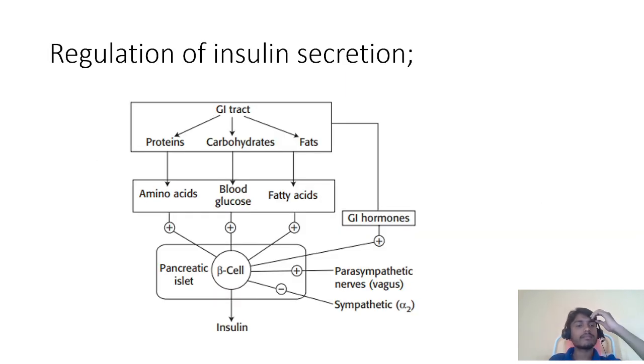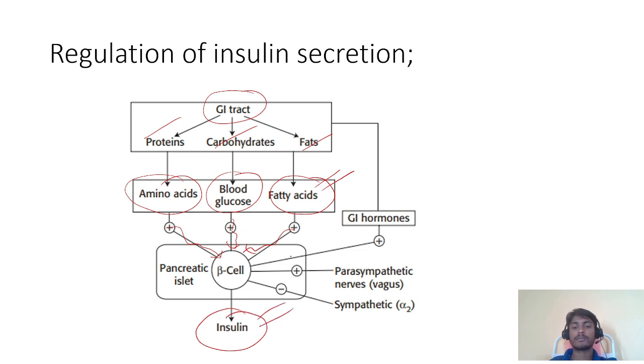Next is the regulation of insulin secretion. If the GIT contains protein, carbohydrates or fat, protein is converted into amino acids, carbohydrate into monosaccharides, and fat into fatty acids. All of these stimulate the pancreatic beta cells, and insulin release takes place.